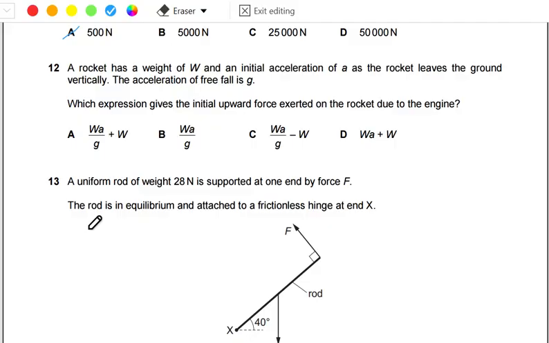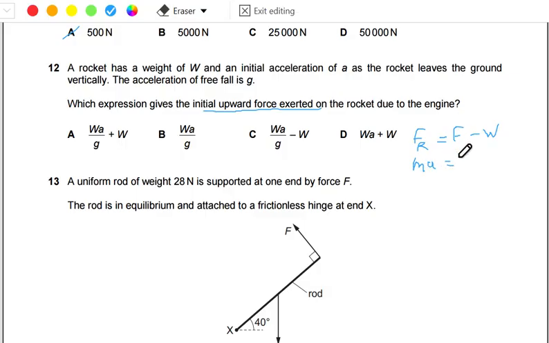So initial upward force minus the weight should give the resultant force on the rocket, and resultant force is m times a.